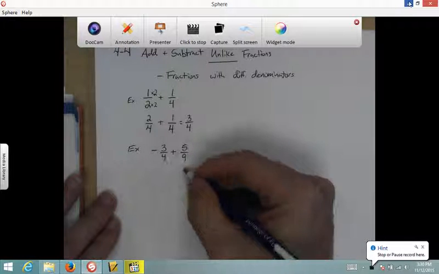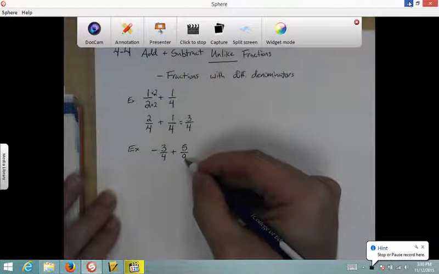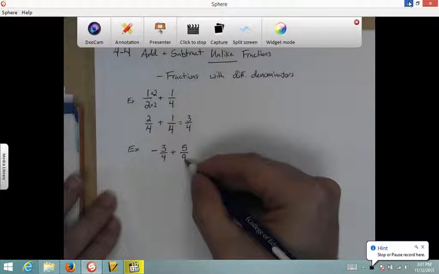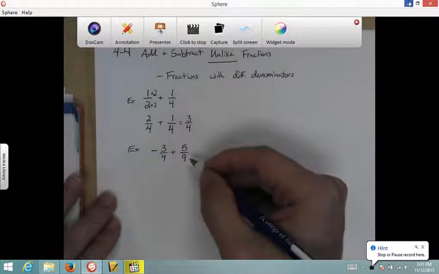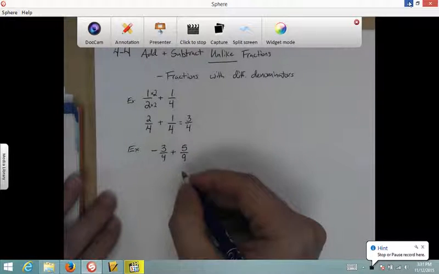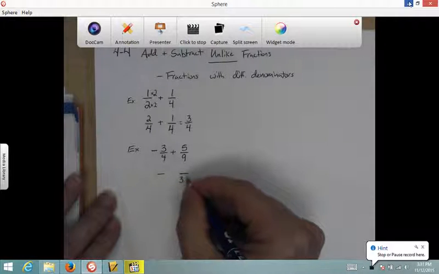Does 4 go into 18? Nope. What's 9 times 3? 27. Does 4 go into 27? Nope, it does not. So what's 9 times 4? It's 36. Does 4 go into 36? Yes, it does. So we're going to use 36 as our common denominator.